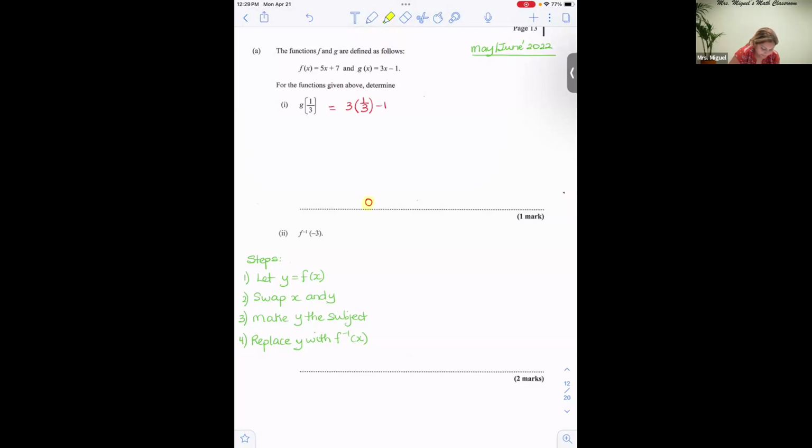All right, for the first one, the answer is 0. You are supposed to be able to secure that mark, right? And that wasn't difficult at all.